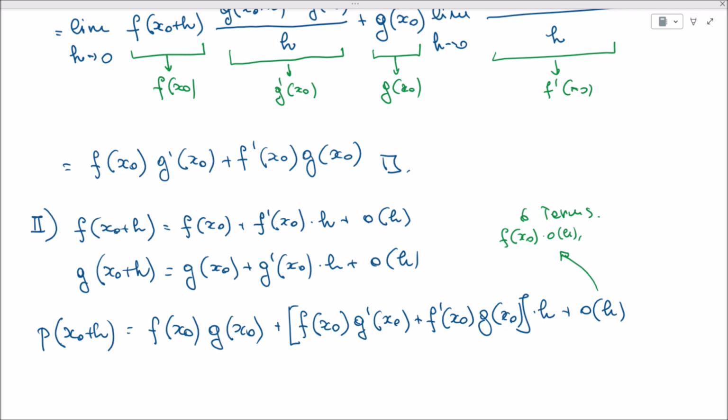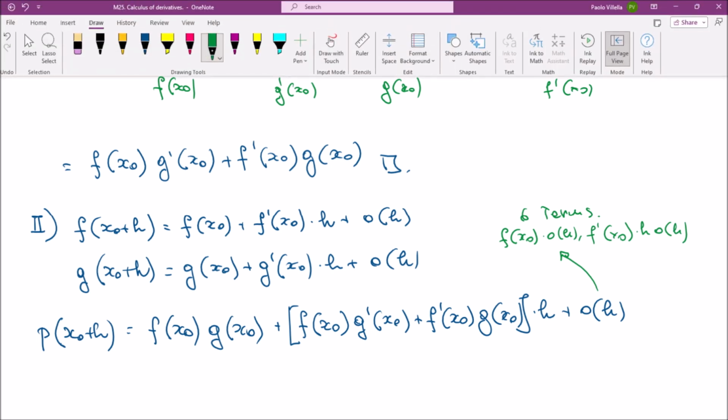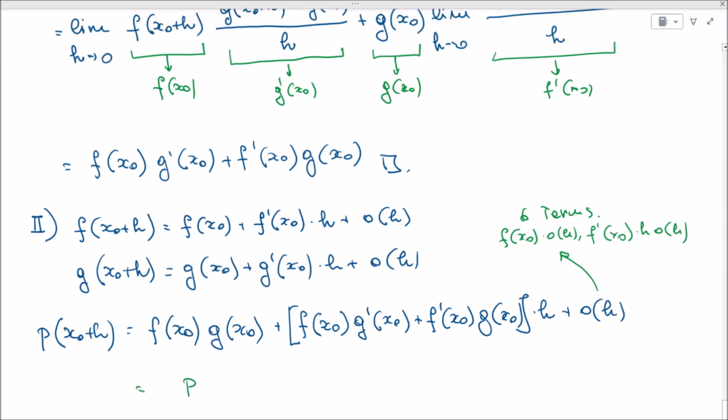Another term can be f prime of x naught h times little o of h, and it is easy to recognize that all these 6 terms can be encapsulated in this little o of h, and we see now that this is nothing else than p of x naught, and this is simply alpha times h.